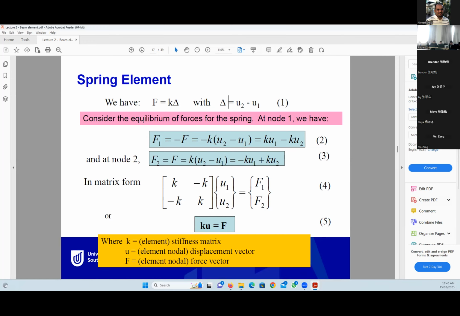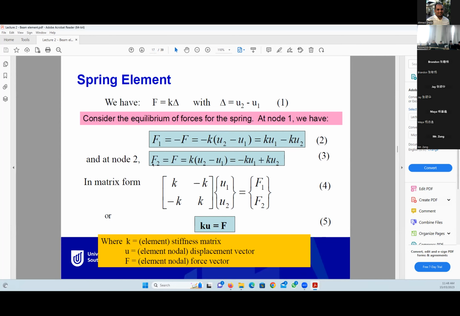If we consider the equilibrium of forces for the spring at node 1, we have F1 equal to negative F, which is negative K times U2 minus U1, equal to KU1 minus KU2. This is equation number 2.